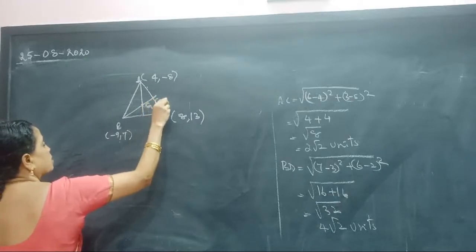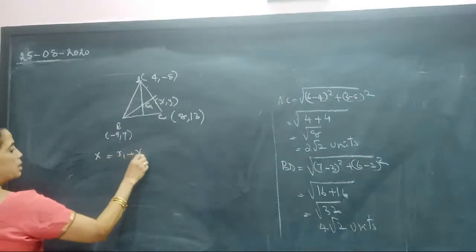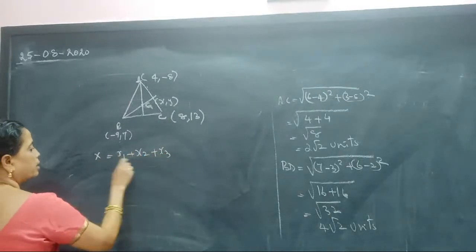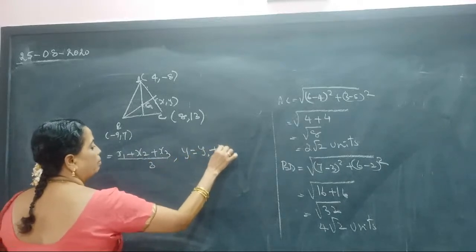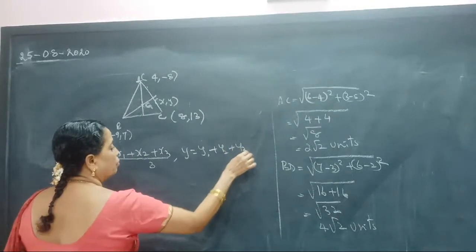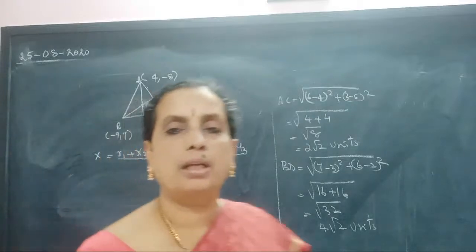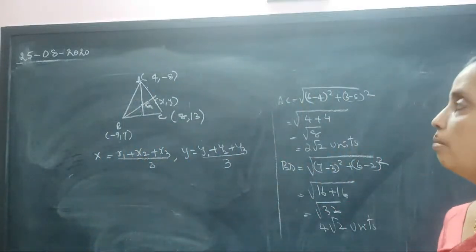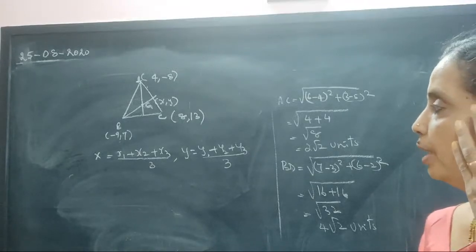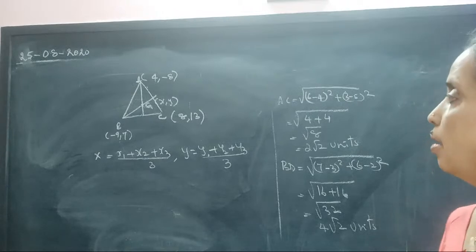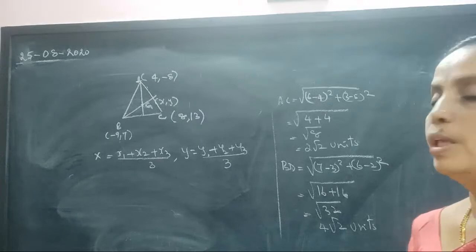G(x, y). X equals (x1 plus x2 plus x3) by 3. Y equals (y1 plus y2 plus y3) by 3. Can you give the answer? It is 4 minus 9 is -5 plus 8 is 3 upon 3, it is 1. Then -8 plus 7 is -1, plus 13 is 12, upon 3 is 4.